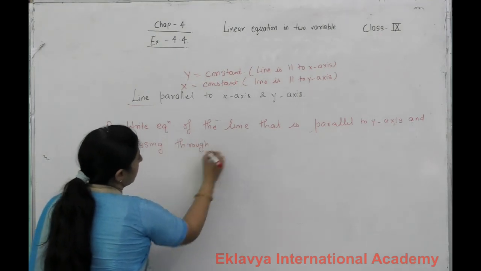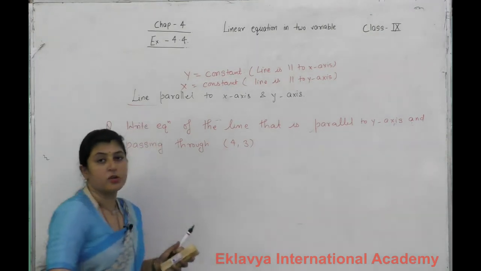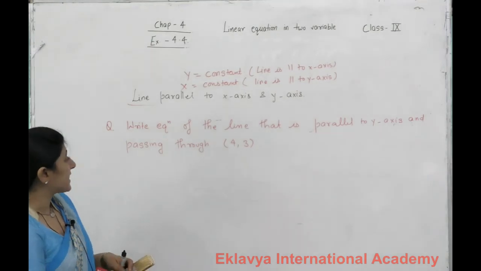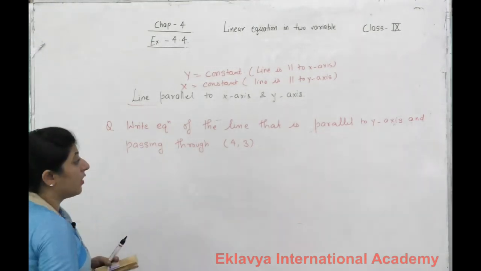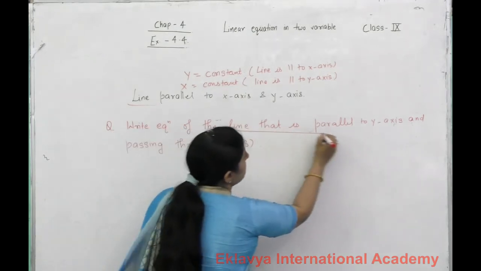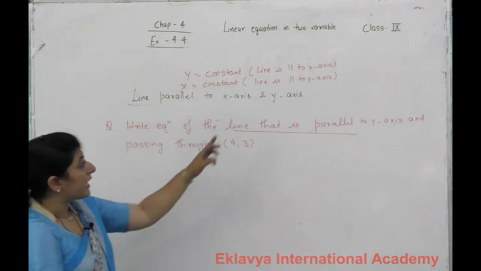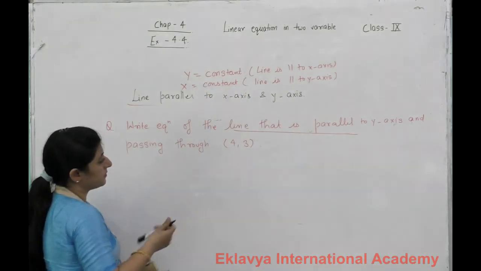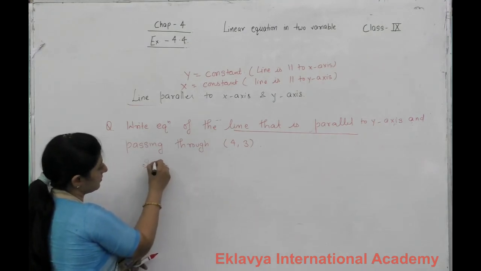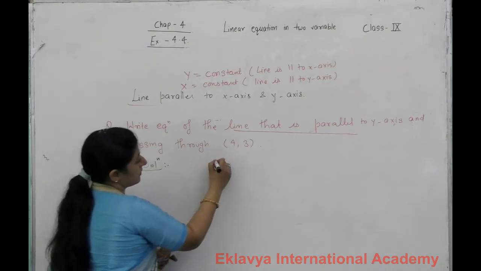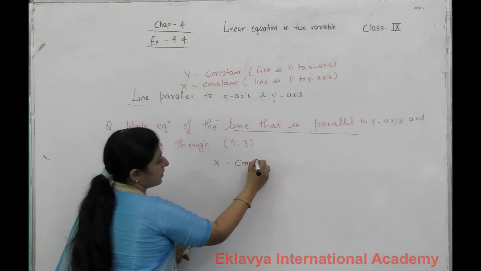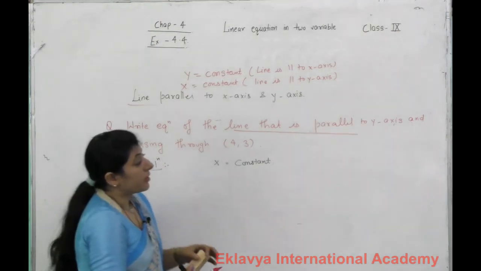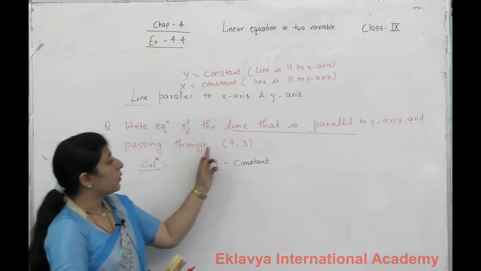This question is not in your book, so solve it in your fair notebook also. Write the equation of the line that is parallel to the y-axis and passing through 4, 3. Okay, firstly decide the line that is parallel to the y-axis. So parallel to the y-axis, what is the equation? Our equation is x is equal to constant.